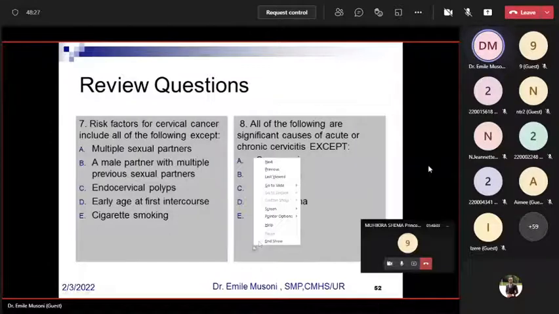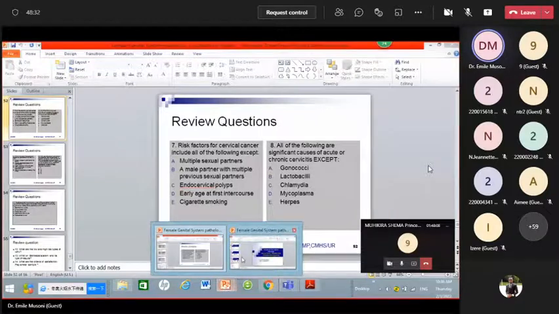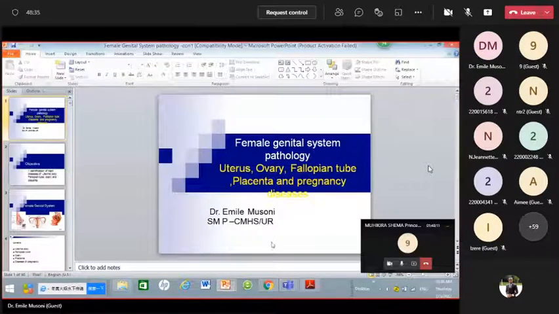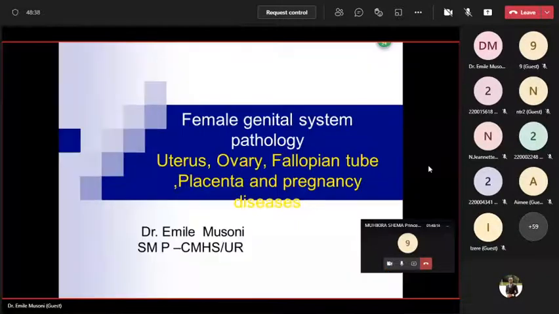Any question about the cervix before we go to the body of the uterus and the ovary? Any question? Any question?